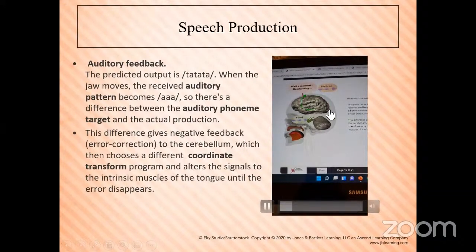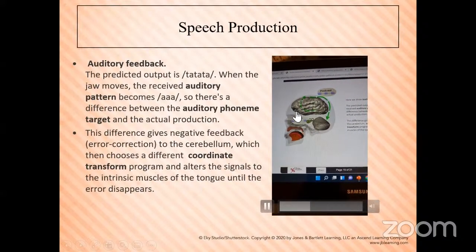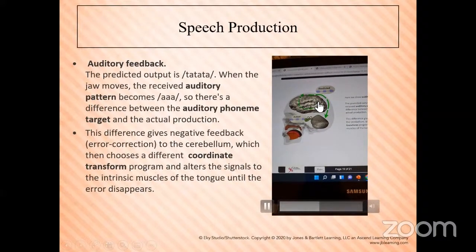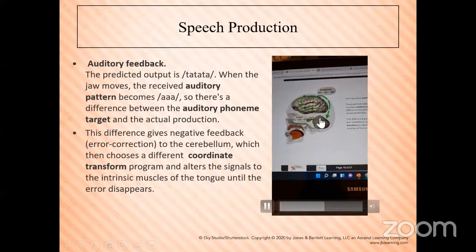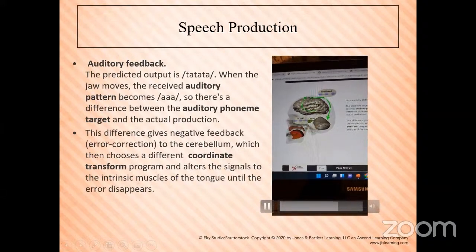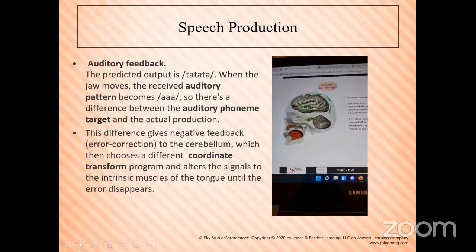This is a mechanism which involves the supplementary motor area, the parietal cortex, the cerebellum, and the tongue, and this loop activates. So this knowledge is very important for us.